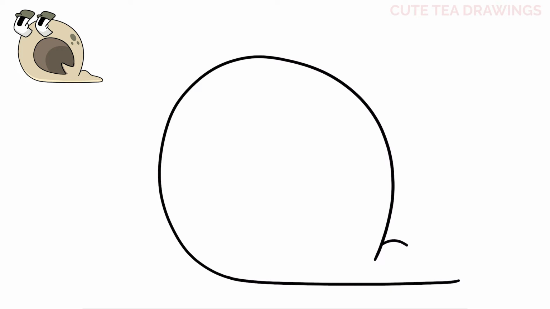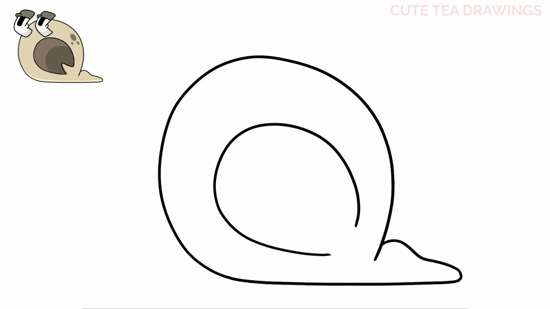And then a wavy line down to close off the end. Next, inside, let's add another curve, but we're going to leave it open on the bottom right like this. Now let's close off that gap with a pointed V shape in and back down.